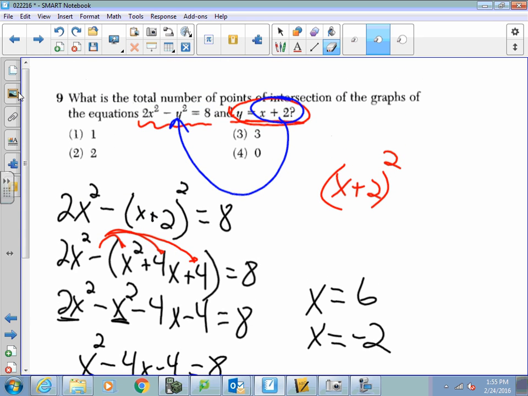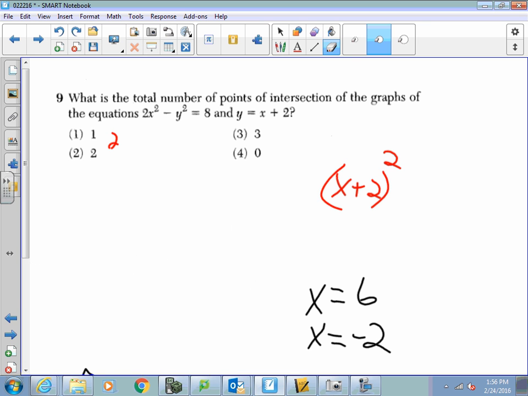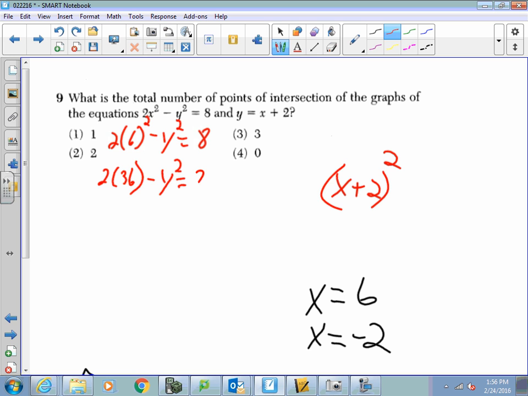Let's check these. Let's see what happens when you plug these back into your original equation. So I'm going to try x is 6 first. When I plug into this first equation, I have 2 times 6 squared minus y squared is equal to 8, so this is going to be 2 times 36 minus y squared is equal to 8.